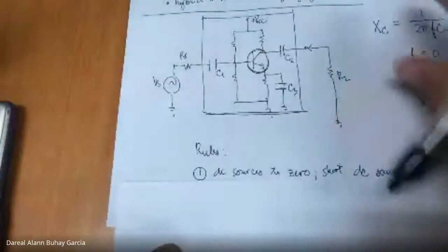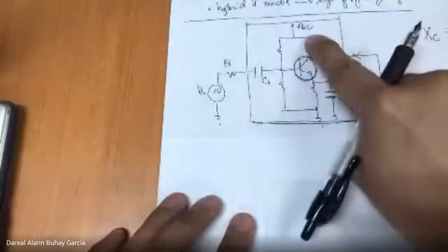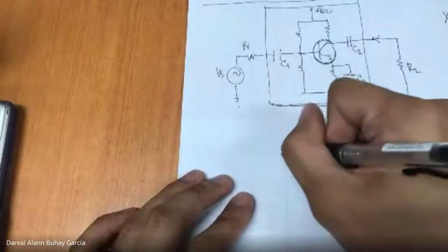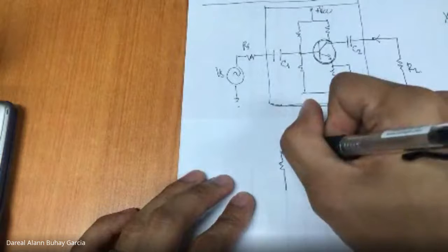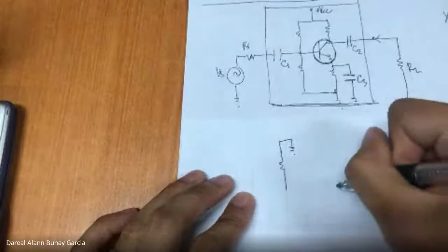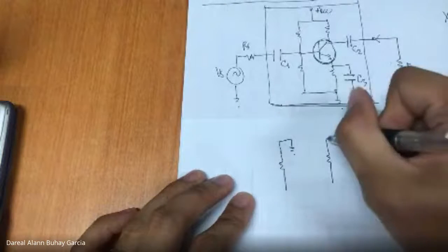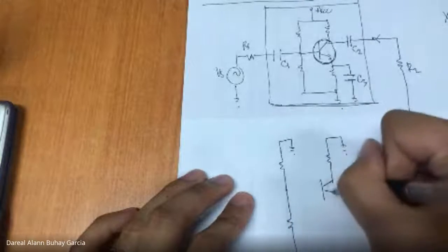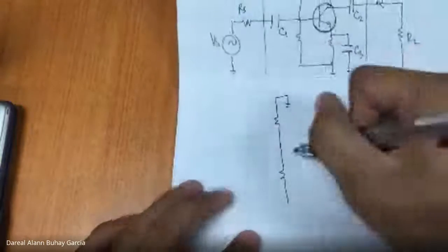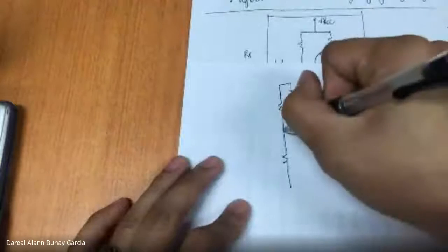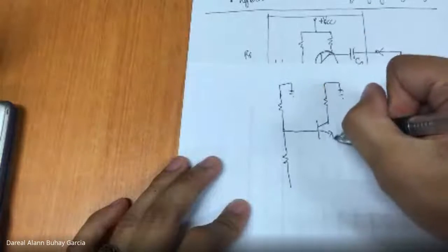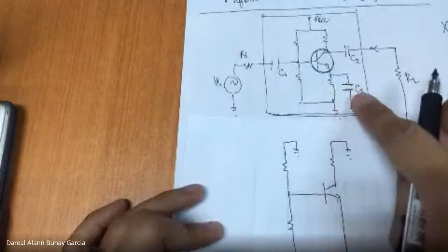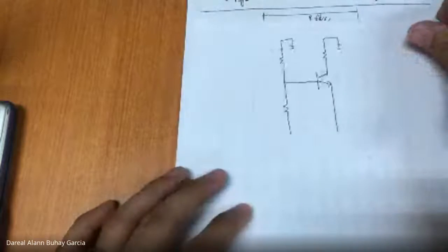Short DC sources. Meaning si VCC is padulong sa ground, no? Na short na dayon si RE. Okay, tungod ni C3.